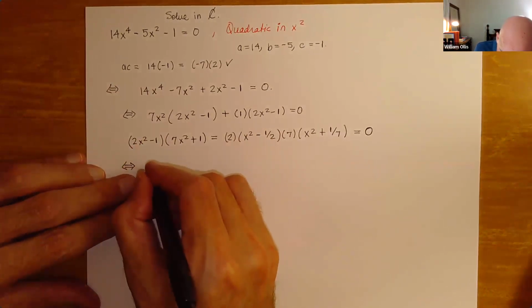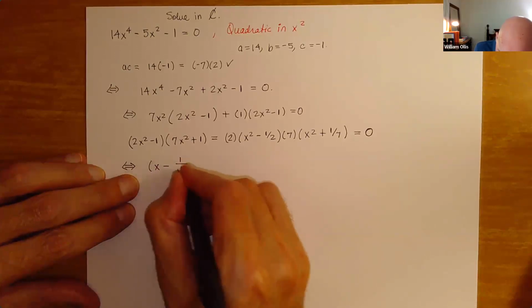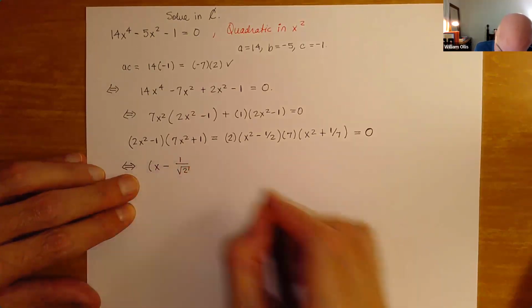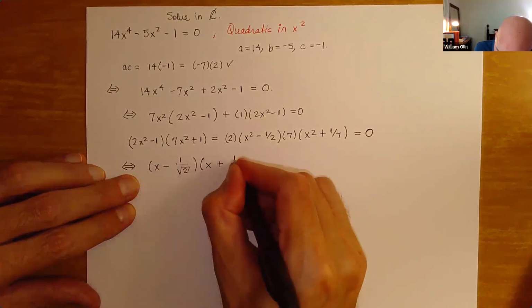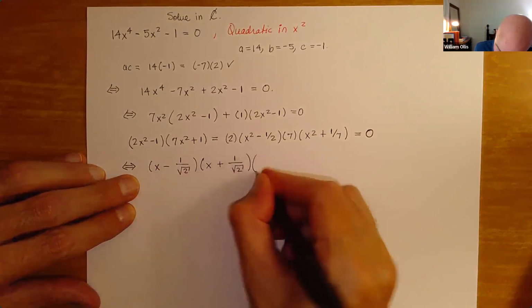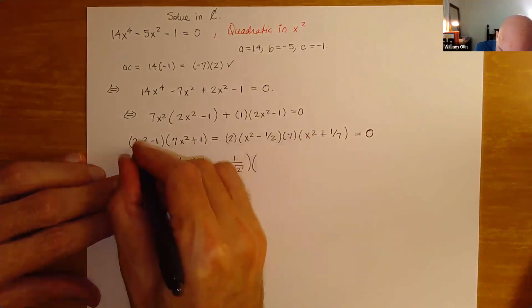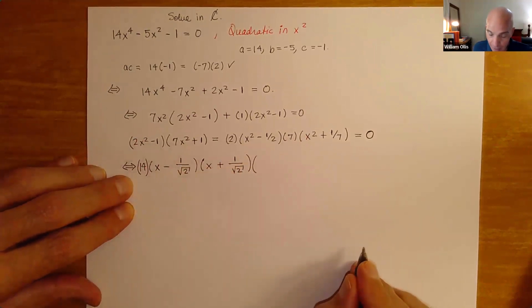So now we're going to have what? X minus 1 over the square root of 2, if we take the square root of 1/2, and then x plus 1 over the square root of 2, just using the difference of two squares. And then, of course, the 7 and the 2 we'll just put as 14 out here. Just take it to the side.